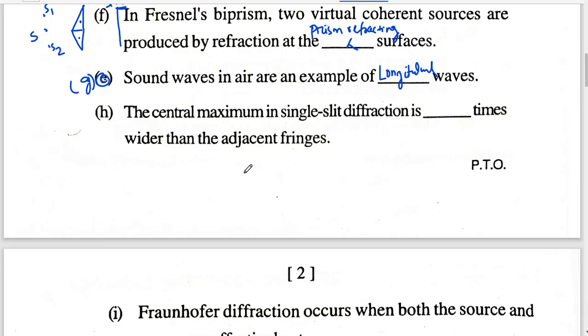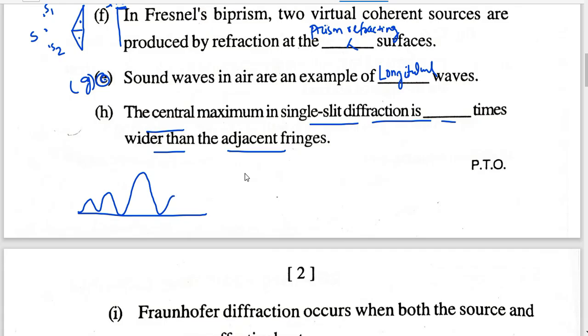Next question H. The central maximum in a single slit diffraction is dash times wider than the adjacent fringes. Remember, what is the diffraction pattern in a single slit? This is the bright, this is the central fringe, and this is the secondary bright, the secondary maxima. These are the different fringe patterns, and this line is the central line.